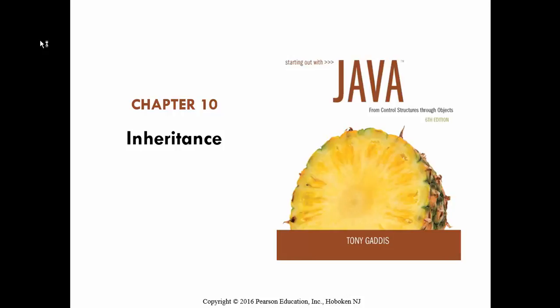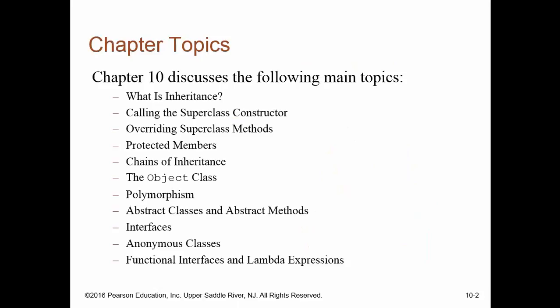I've done lectures so far on the first 9 chapters, and I'm now going to begin my lecture on Chapter 10, which is on inheritance. So, our objectives are to discuss what inheritance is, how to call a superclass constructor, how to override superclass methods. We've talked overloading before, now we're going to talk overriding.